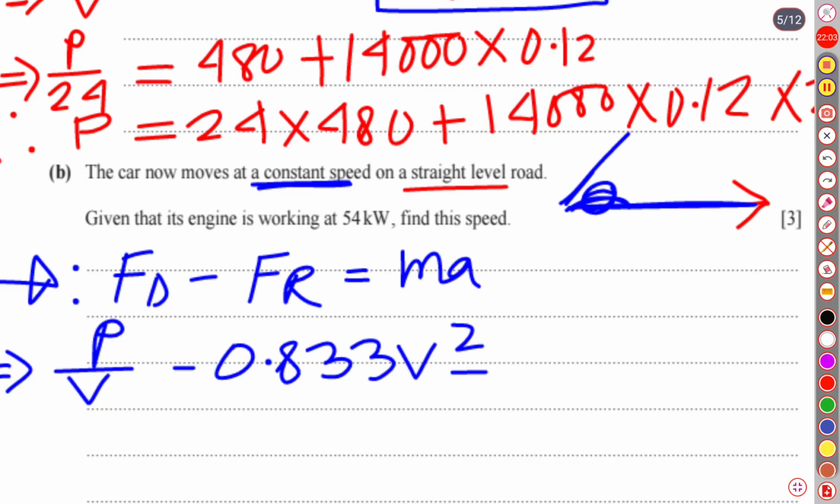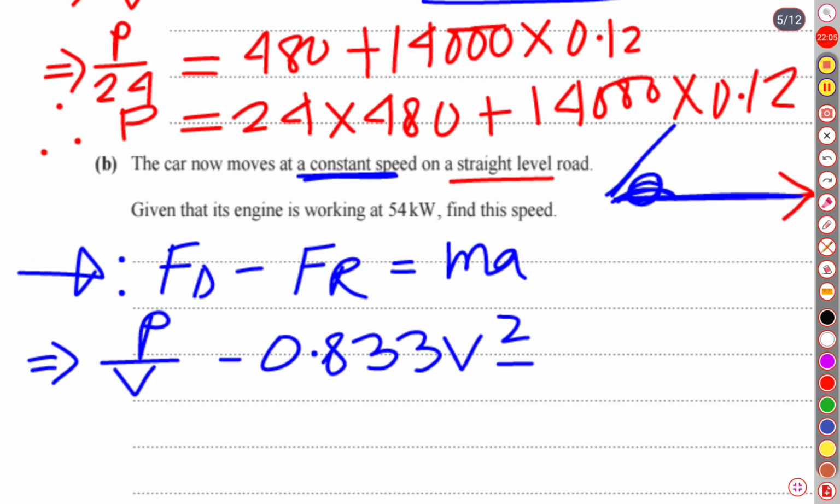So we will write mg sin 0 degrees, equal to, there is no acceleration at all. Speed is constant, so acceleration is going to be 0.